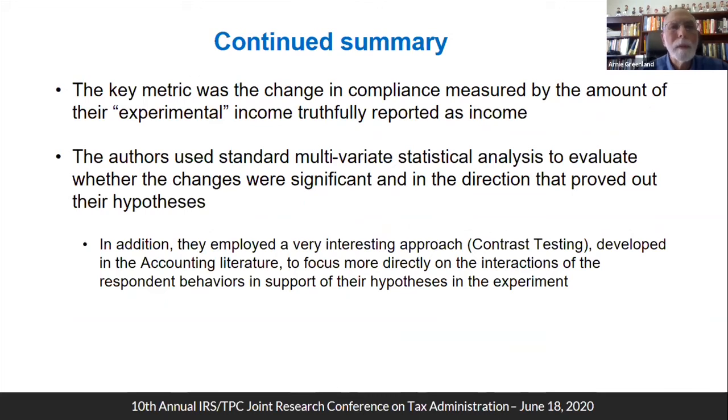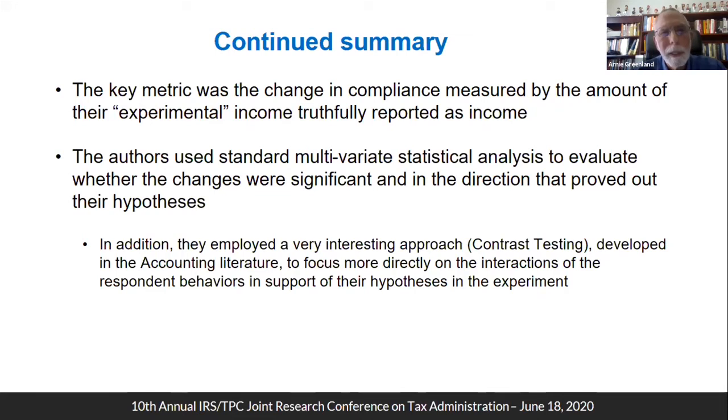And so the key metric for testing the hypotheses was the measured compliance, by the amount of experimental income truthfully reported at one stage, and then at another stage after they were possibly exposed to a service message. The analysis was generally standard multivariate statistical analysis, and that showed significant support for the hypotheses.